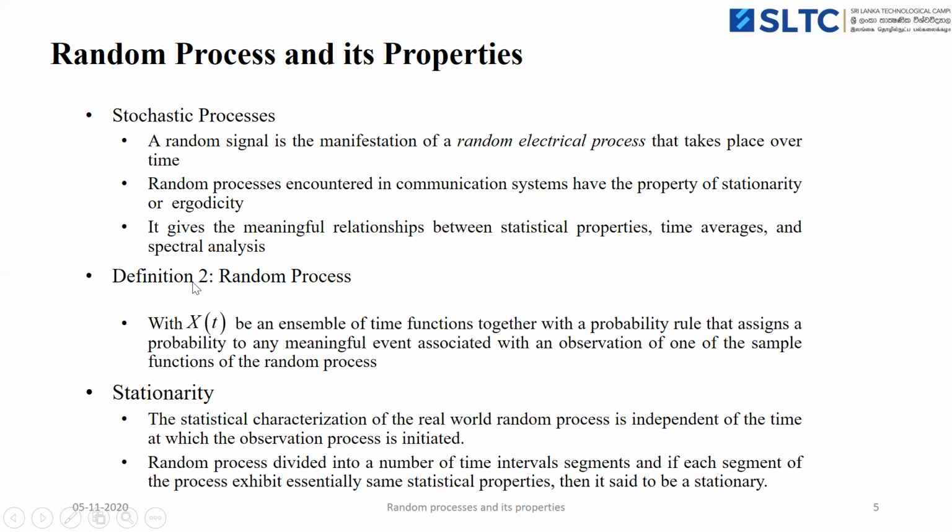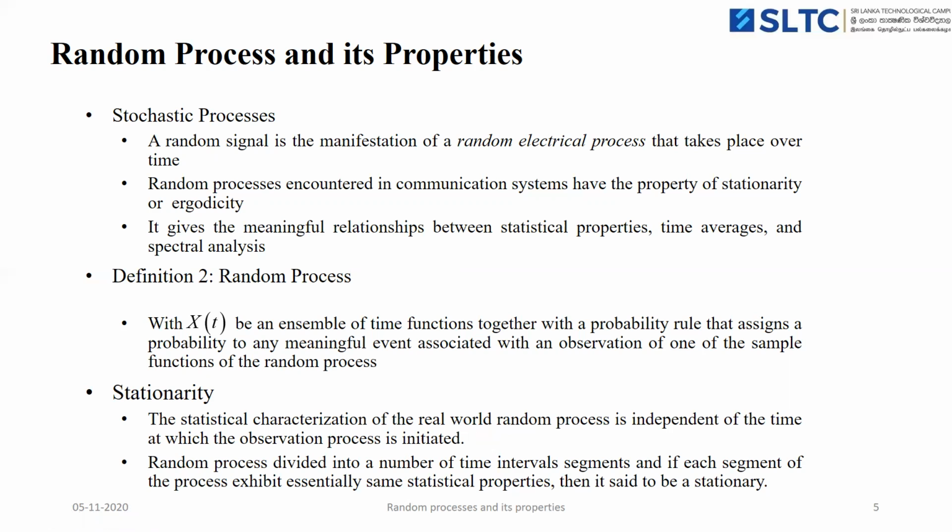This is another definition for the random process: let x of t be an ensemble, or we can say the random process, of time functions together with a probability rule that assigns a probability to any meaningful event associated with an observation of one of the sample functions of the random process.